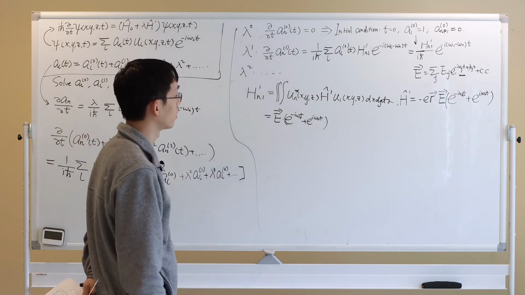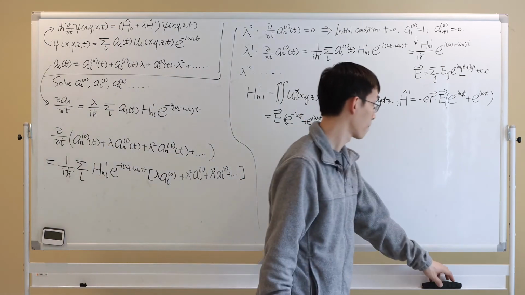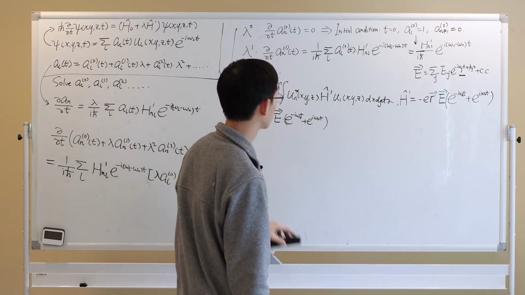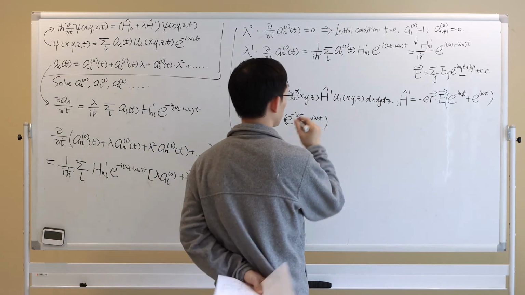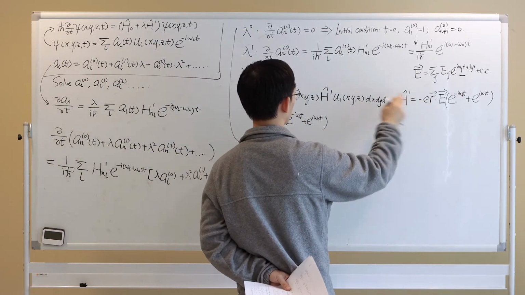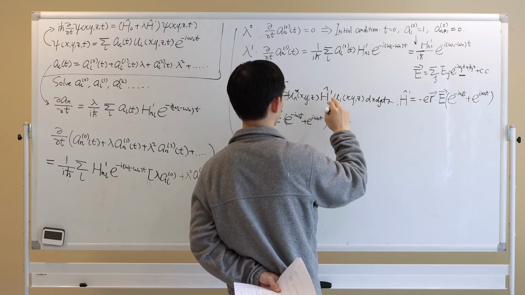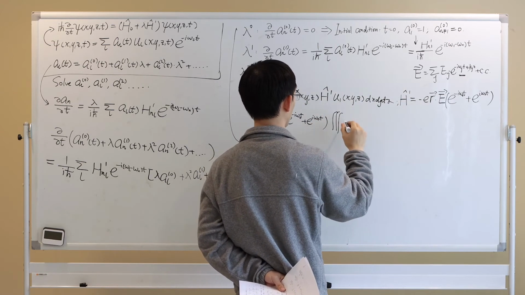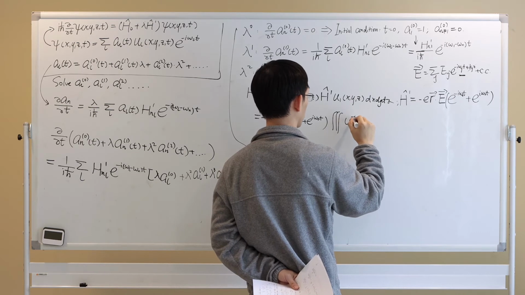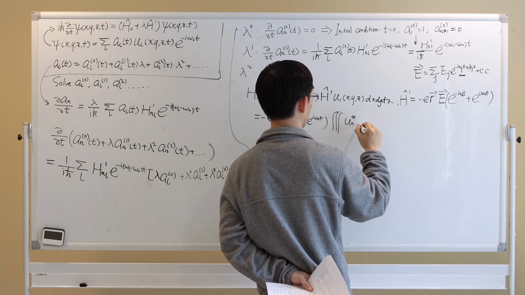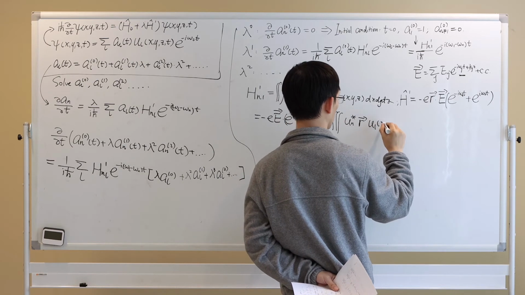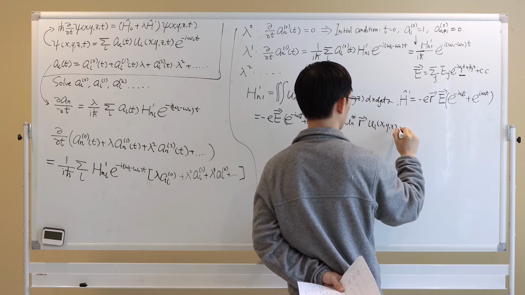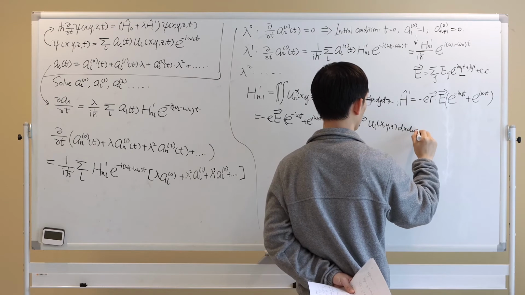Okay, and then in the integration, because this is a function of position, you get UN prime R U1 XYZ dx dy dz.